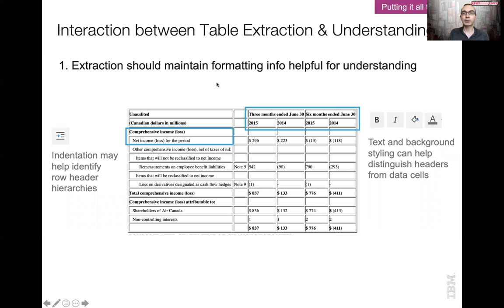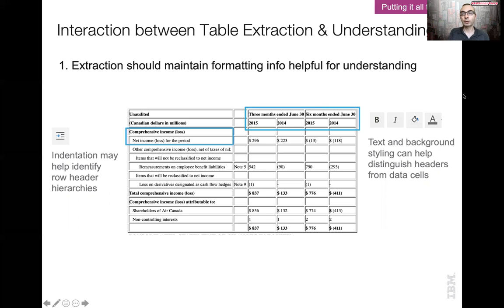Since the output of table extraction is the input of table understanding, table extraction should maintain, in addition to the contents and the structure of the table, also any formatting information that could be helpful for table understanding.